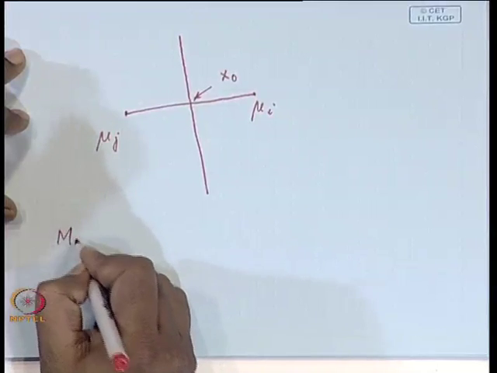Similarly, for all the points which are falling on the side of mu j, its distance from mu j will be less than its distance from mu i. Okay. And we put the sample x to that particular class from which its distance is minimum. Okay. So, when it is an orthogonal bisector, or the a priori probabilities p omega i and p omega j are same, then effectively what I get is a minimum distance classifier.